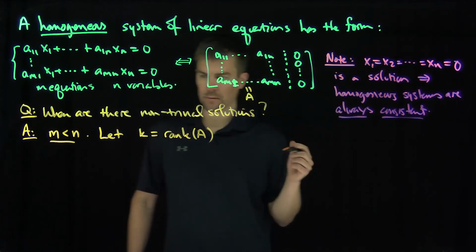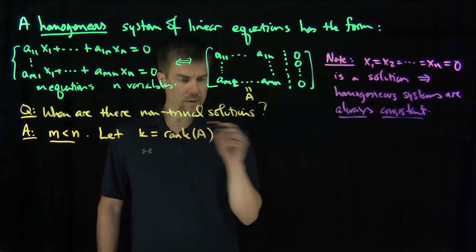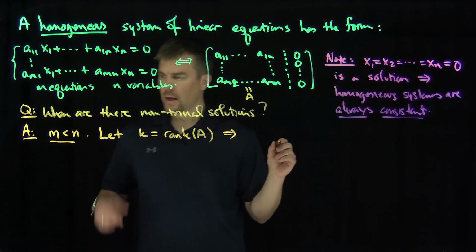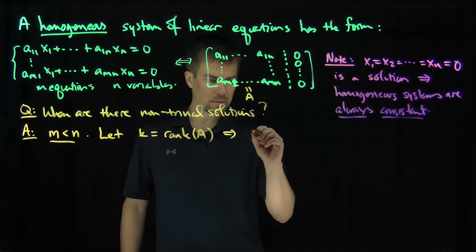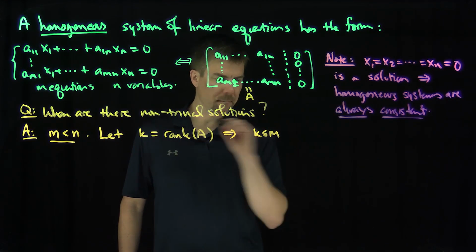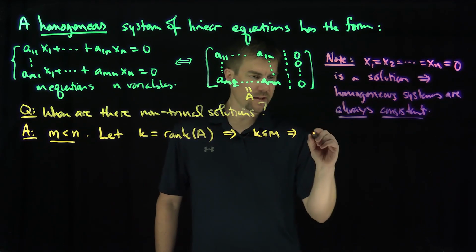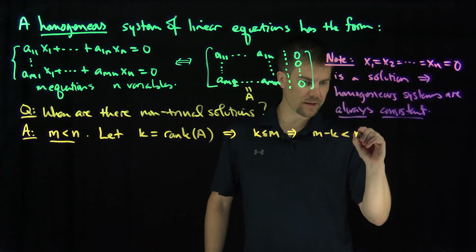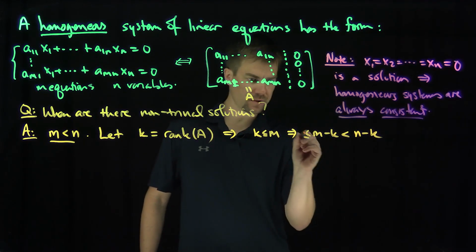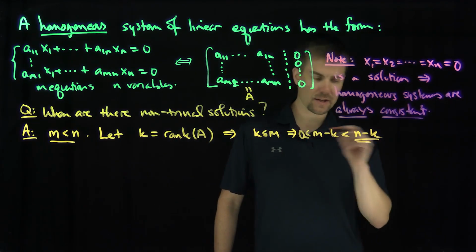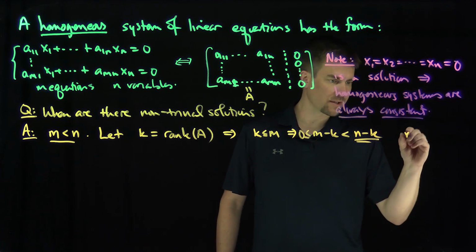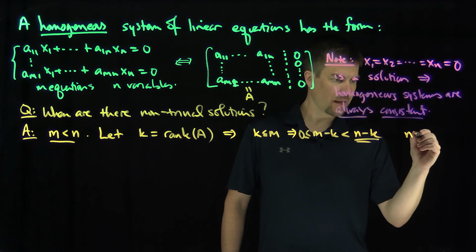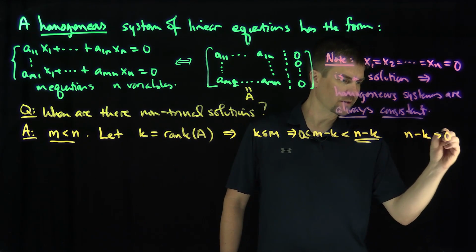Then what do we know? We know that k is less than or equal to m, the number of rows. And that says that m minus k is strictly less than n minus k, and m minus k is greater than or equal to 0, which says that n minus k is strictly bigger than 0.